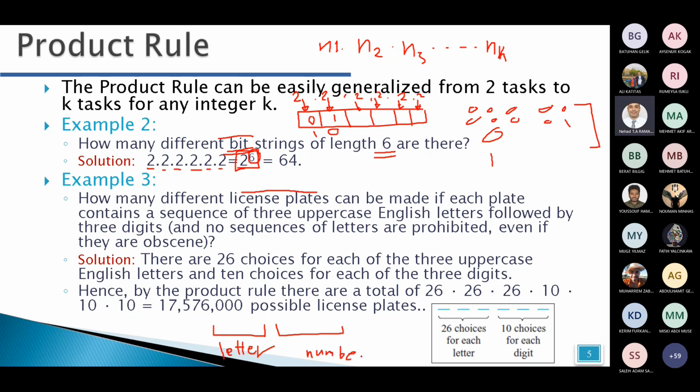So in this question, how many different license plates can be made if each plate contains a sequence of 3 uppercase English letters? So we have here 3 English letters.